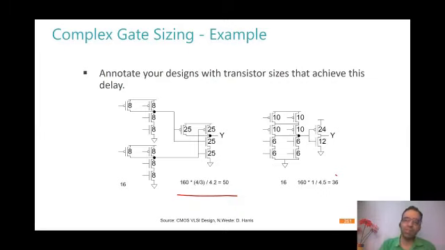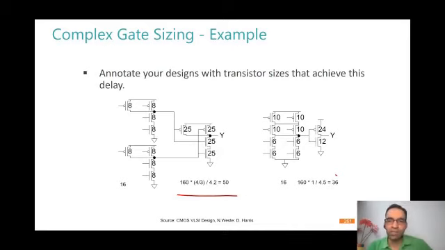Yeah, input capacitance is also a measure of area, no? Is it not? Yes, sir. So in the first case, what is the area? 8 devices of 8 microns each, so 64, plus 4 of 25 each, so 164.